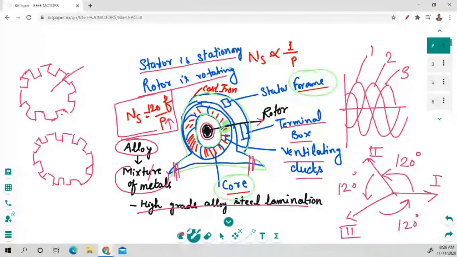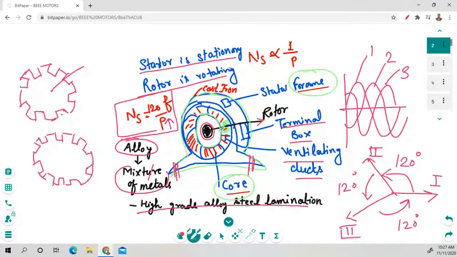Next is the phase wound rotor. In this phase wound rotor, we use slip rings and brushes. The slip ring rotor consists of a laminated cylindrical core having semi-enclosed slots at the outer periphery and carries a three-phase insulated winding. The rotor is wound for the same number of poles as that of the stator.